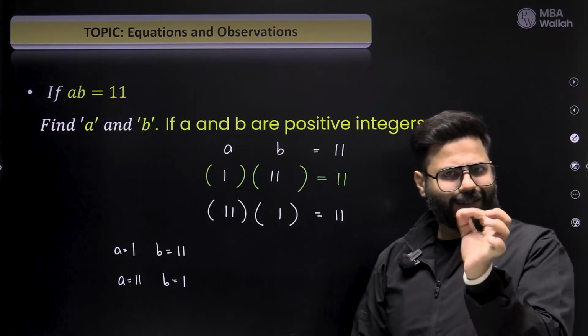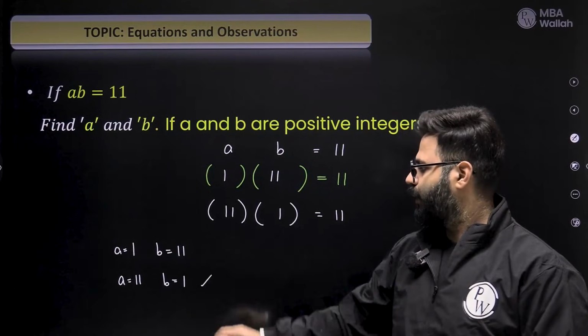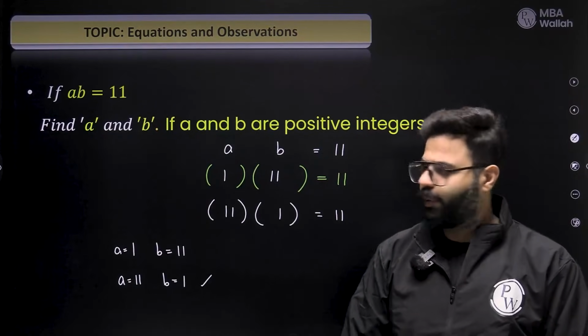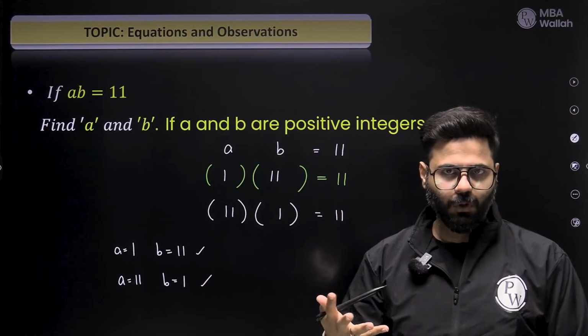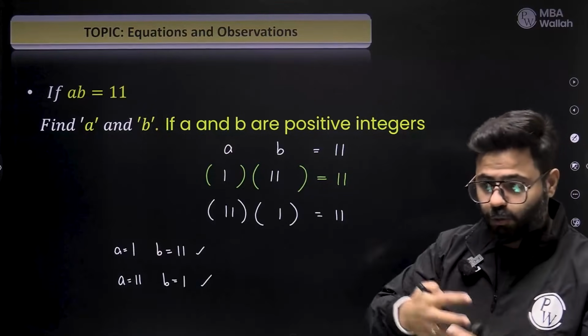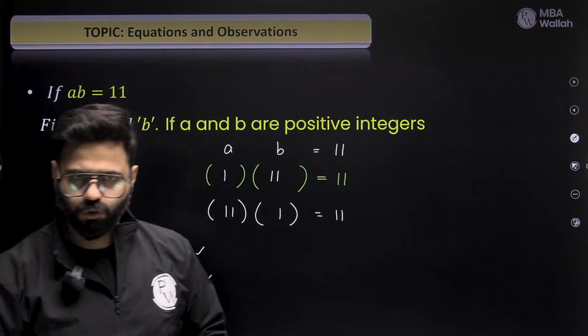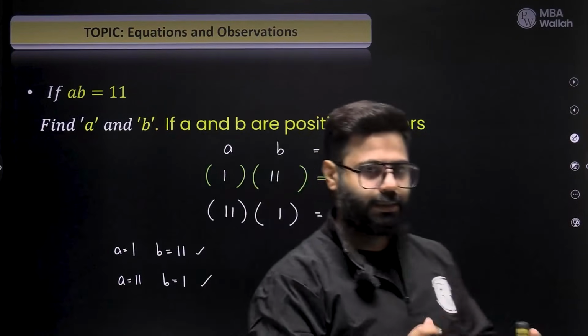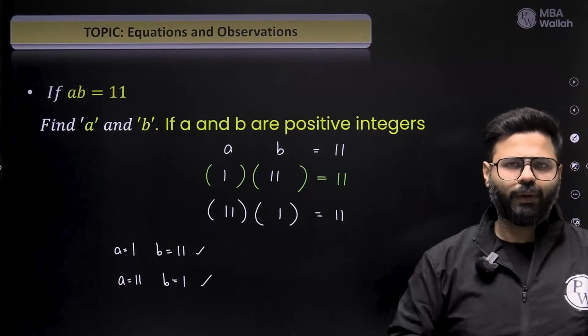Now, if you give me any extra information, let us say A greater than B, I'll get to know that, okay, this one is the answer. Or you give me B greater than A, I'll tell you that this one is the answer. Yes or no? Now, we have started to build another way of approaching a question, specifically when integers come into the picture. It was not just about solving the equation with two variables.